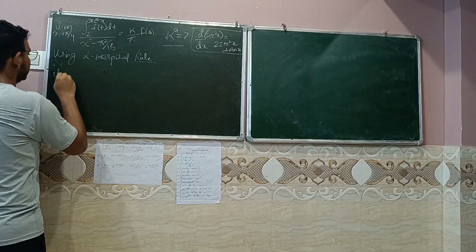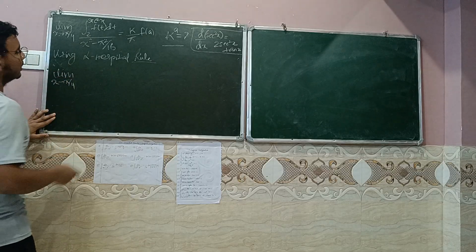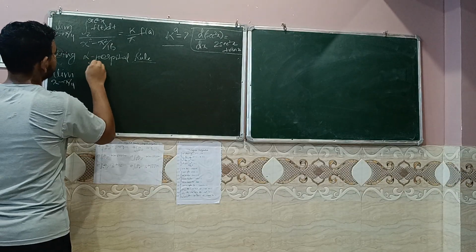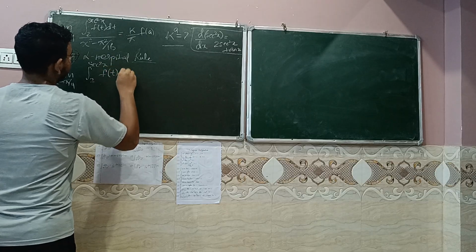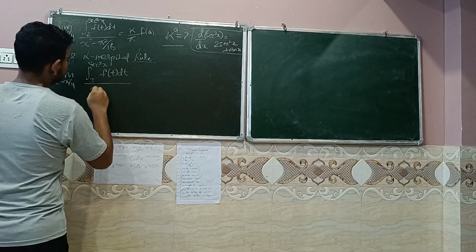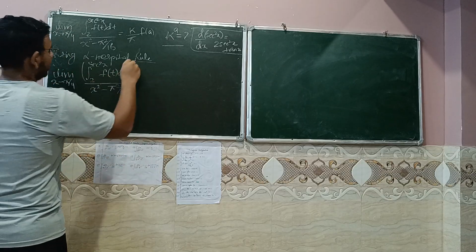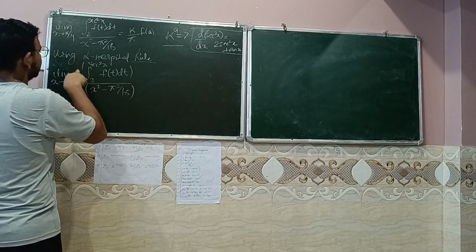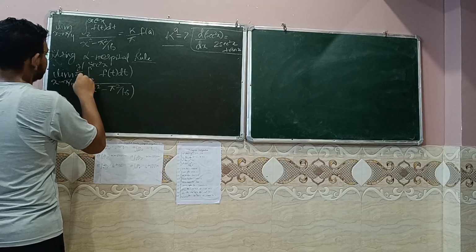So we have the limit as x approaches pi over 4 of the integral from 2 to sec square of x of f(t) dt, over x squared minus pi squared over 16, and I'm differentiating with respect to x.